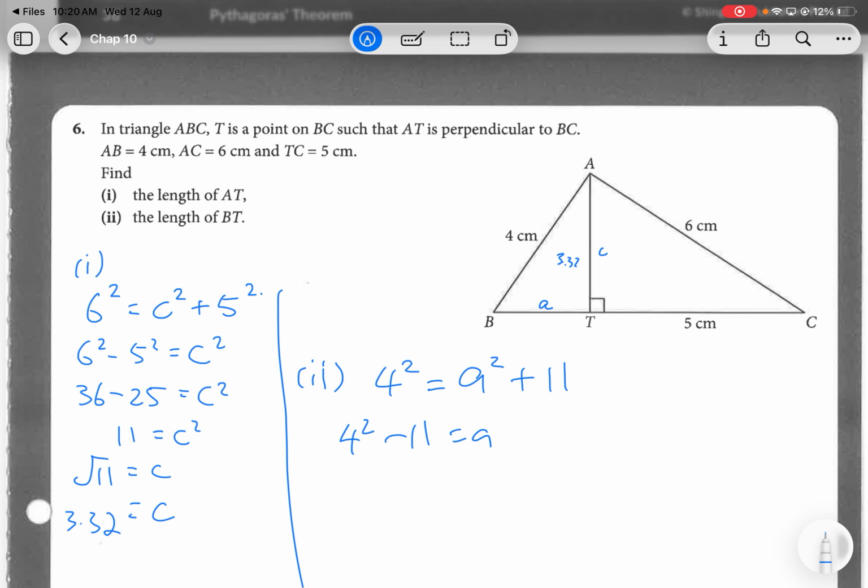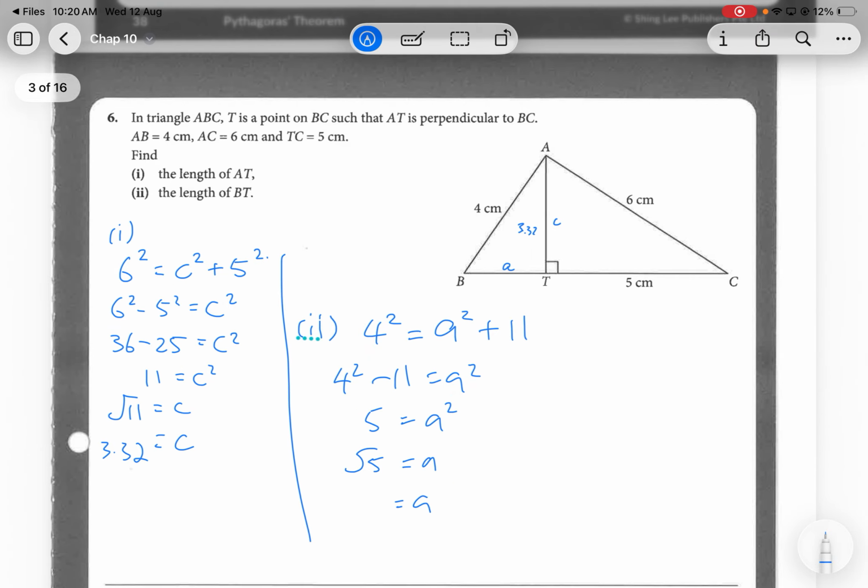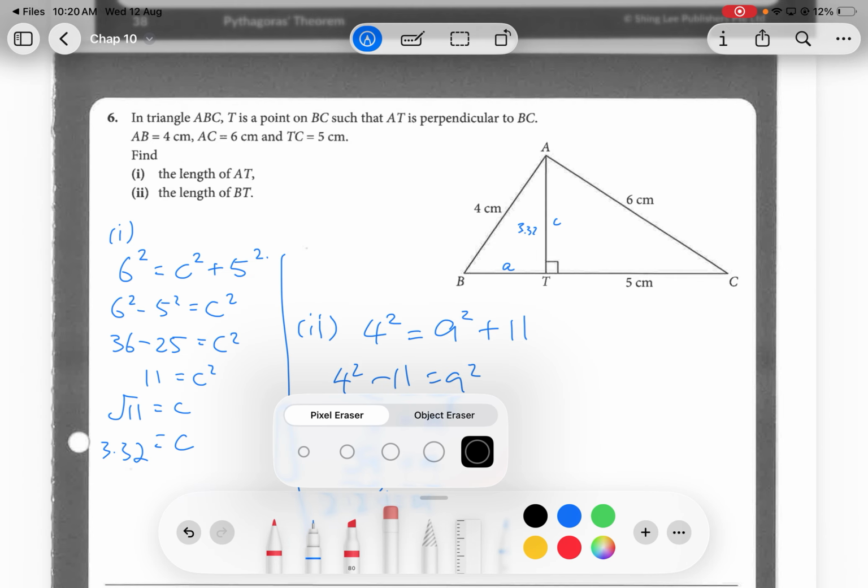R squared equals 1309. R equals square root of 1309, which is 36.2.